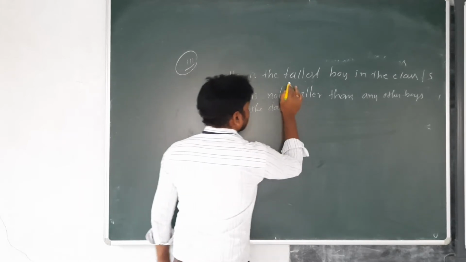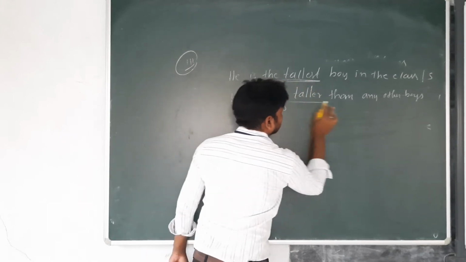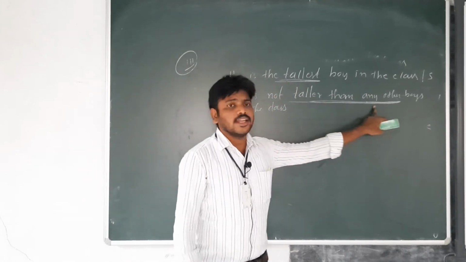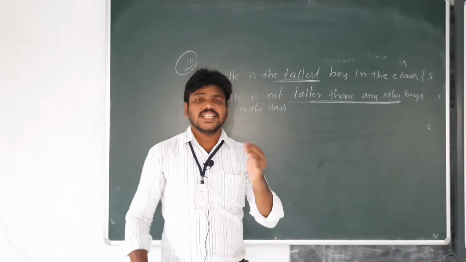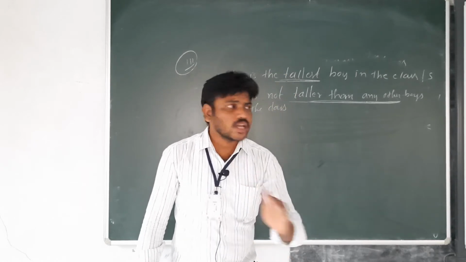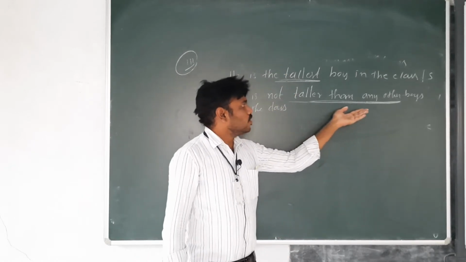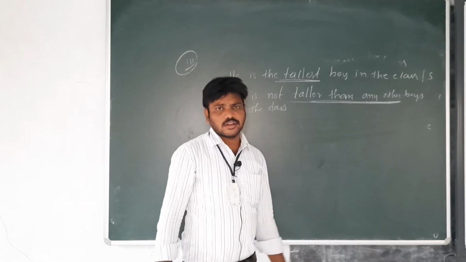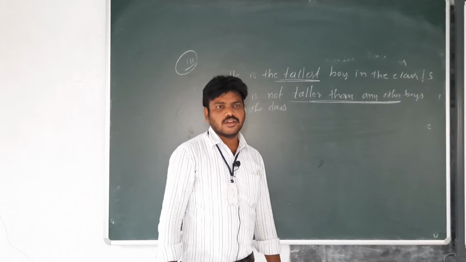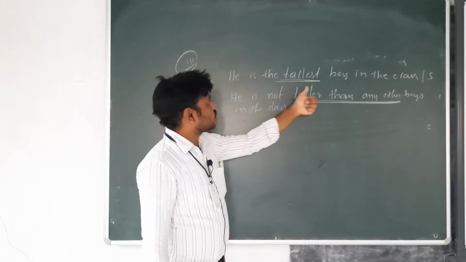You have to remember the tallest, taller than any other. When we see the tallest, the biggest, we should write taller than. So he is the tallest boy in the class.